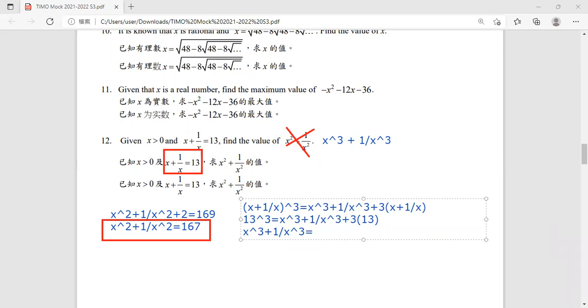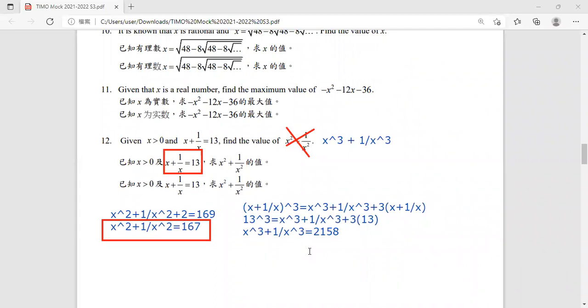So the answer will be what? 266? How come 266?